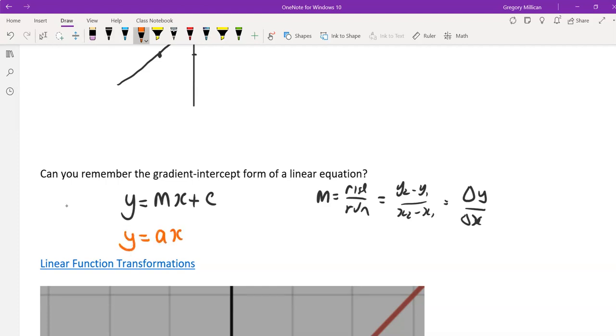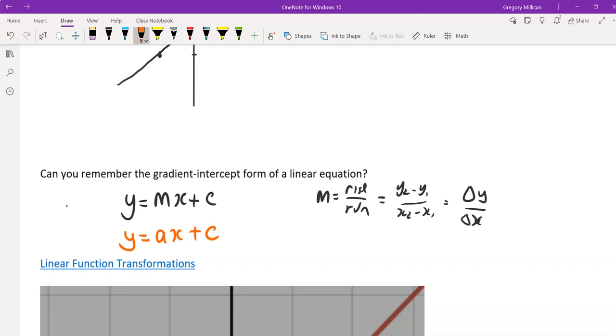Okay, so what I'm going to do here is change this just ever so slightly. The reason I'm changing it is because I want to start focusing not on the letters that we choose, but where they are in the equation. I'm choosing A, and I'm leaving C where it is because it's going to have meaning for us down the track. So I'm just changing the M for an A, and I'm not changing the C at all.